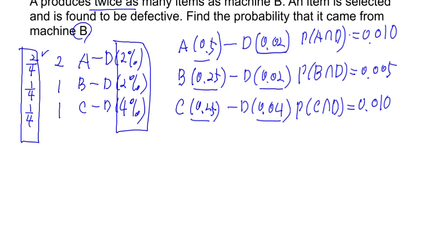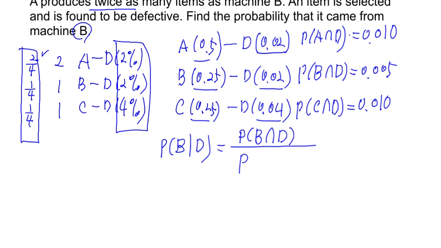So can you write the equation? B, right, given D. Good. This is our conditional probability. So this is the same as the probability of machine B and defective divided by the probability of defective.